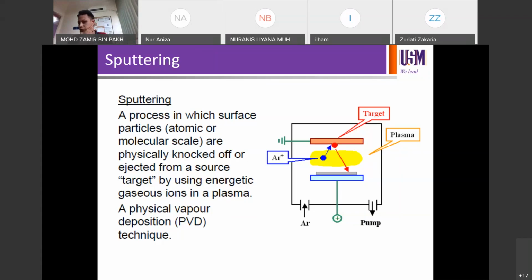You can see argon plus in the illustration here in the yellow region, just to illustrate the presence of plasma and argon ions. You're going to have hundreds of thousands of argon ions in the vacuum, and the process is done in a vacuum environment as well.